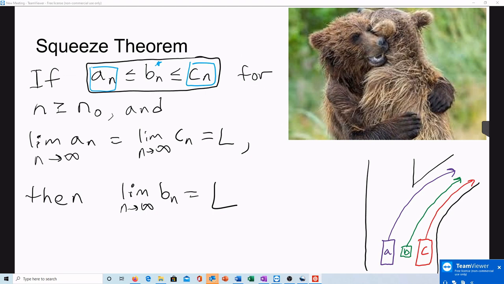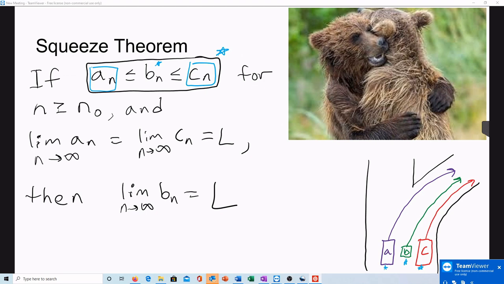So the way that I like to think about this is B is a car on the highway. So right here, if there's a big truck A and another big truck C that are squeezing this car, and both the big trucks want to get off the exit. Well, if you're car number B, and these trucks are squeezing you and there's no way to go above or below any of them, that's what this is saying, is that B is never going to break out of A or C. If A and C both want to get off the exit, then this little car that's stuck between them also has to get off the exit.